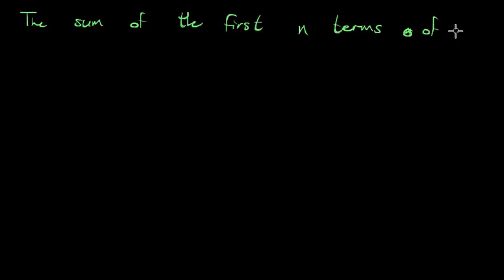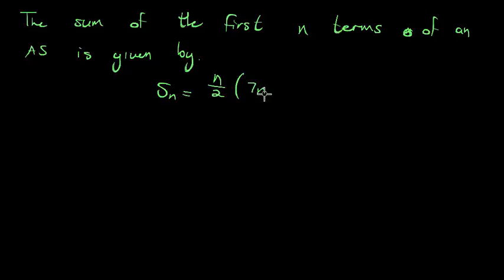The next one, they say the sum of the first n terms of an arithmetic series, I'm just going to write it like that, is given by Sn is equal to n over 2 times (7n plus 15).